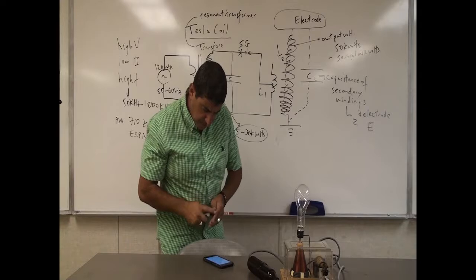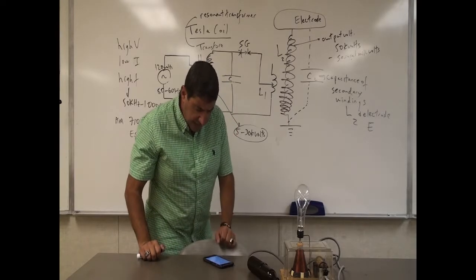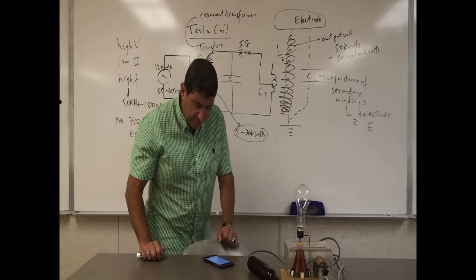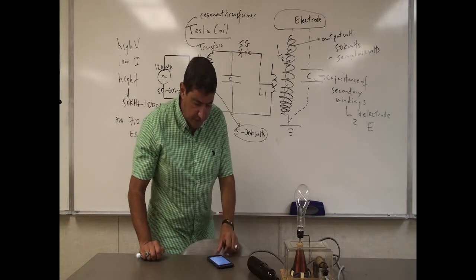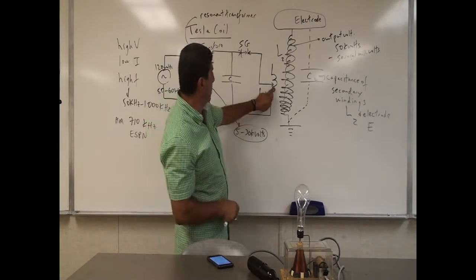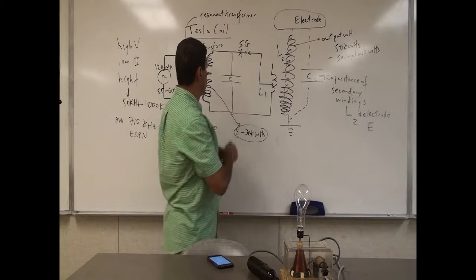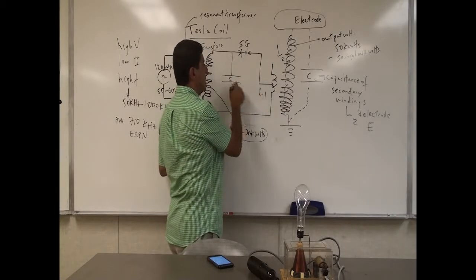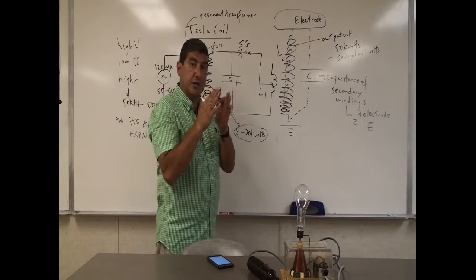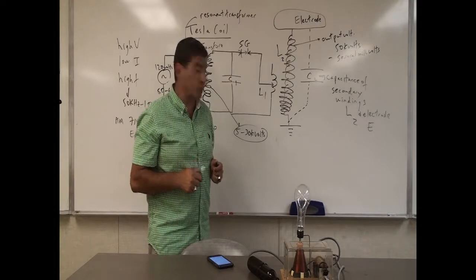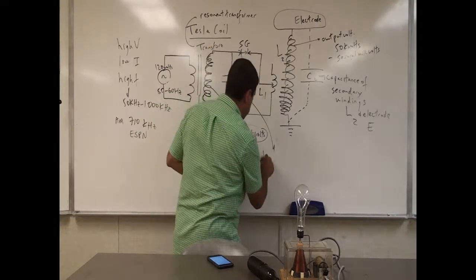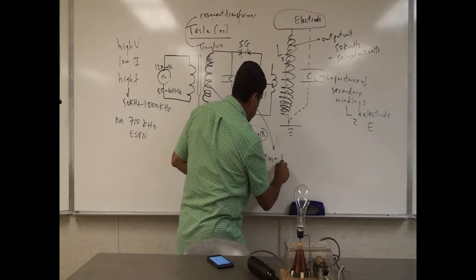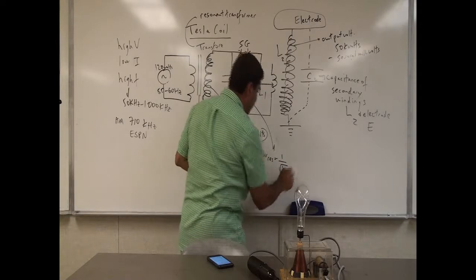So the next thing it has to have is a capacitor C1 that forms a tuned circuit with the primary winding L1, right? So L1 and C1 together form a particular frequency, and the resonant frequency is 1 over square root of LC.